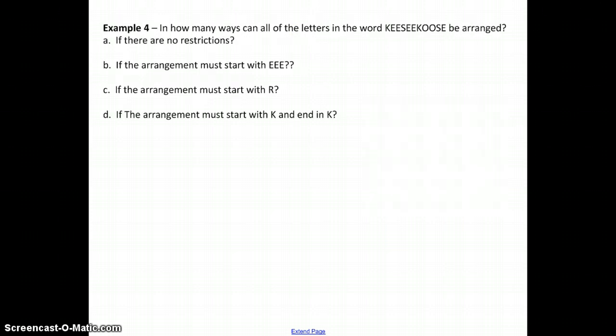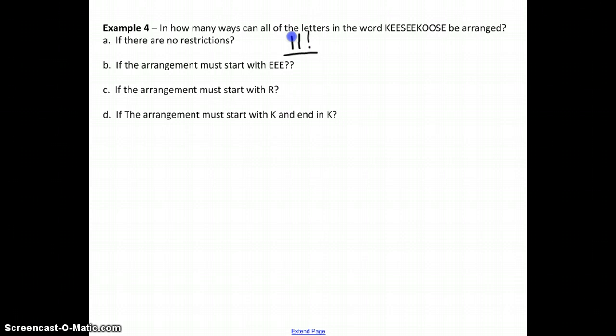So example 4, in how many ways can all the letters of the word, I'm not going to try to pronounce that, be arranged? If there are no restrictions. 11 factorial. Okay. Sorry, I shouldn't have said if things repeat or not, because there are things that repeat, so we need to consider those.